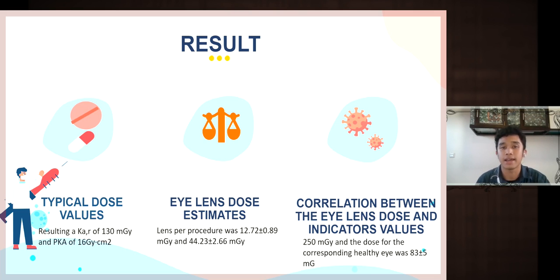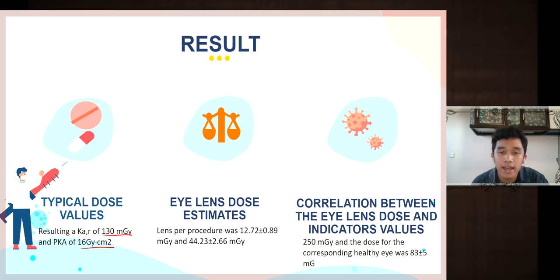From this dataset, we obtained the median of the corresponding 35 dose quantities, and thus the typical dose values resulting: KAR of 130 milligray and PKA of 60 gray centimeter squared.